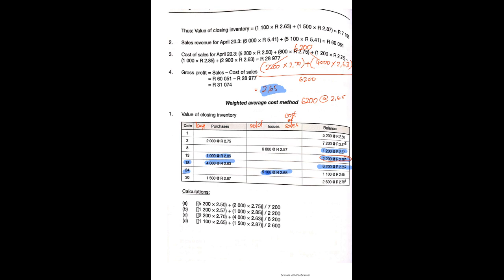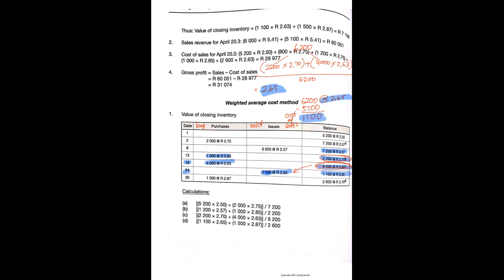So at 2.65, you sold 5,100. So from the 6,200 that's available, you sold 5,100. That left you with 1,100 at the 2.65.